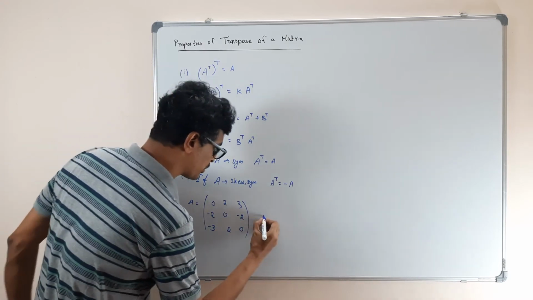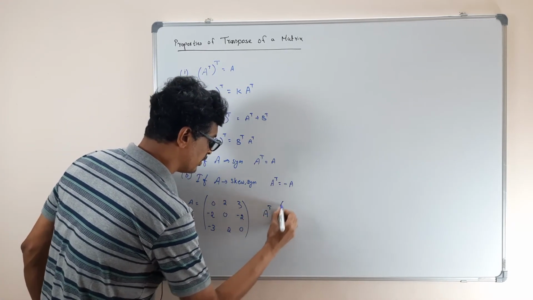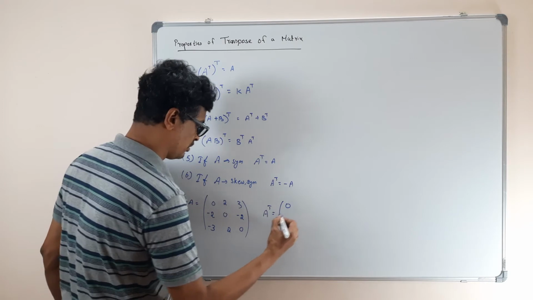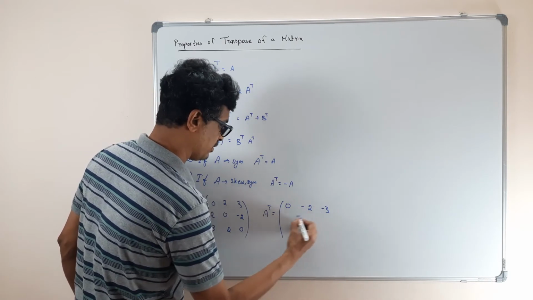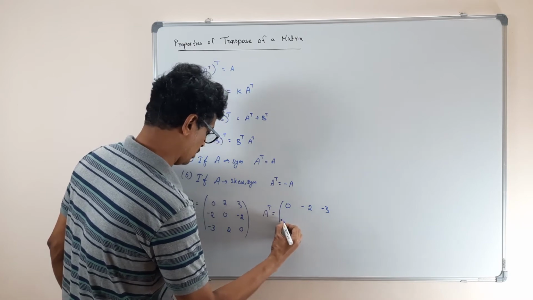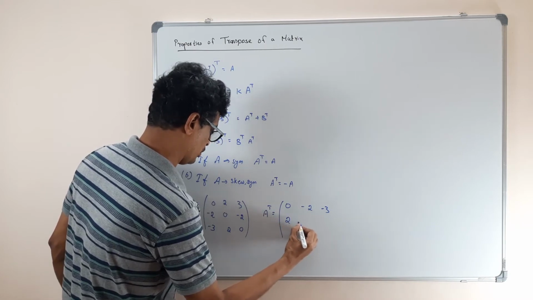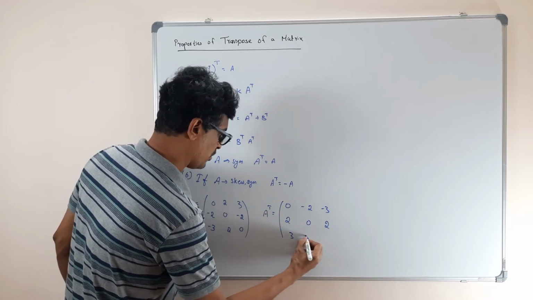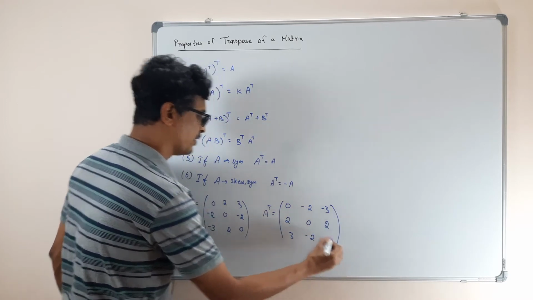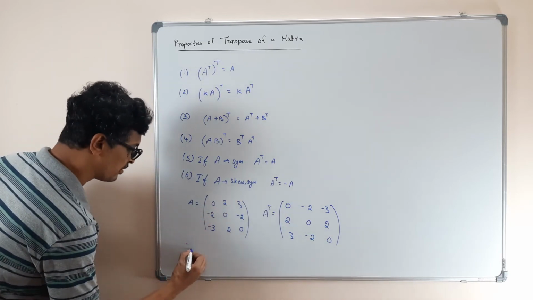Now let us do it. What is the A transpose? Tell me. 0, minus 2, minus 3. Tell me, what is that? 2, 0, 2, 3, minus 2, 0. Okay. So isn't it minus A? So minus A will be what?